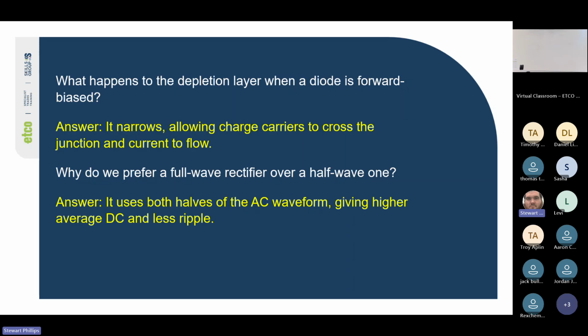Cool. So it uses both halves of the AC waveform, giving a higher average DC and less ripple.